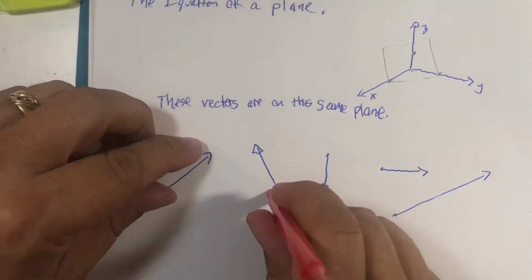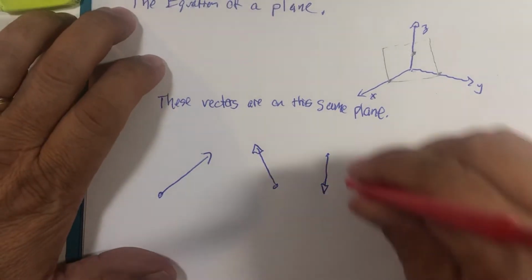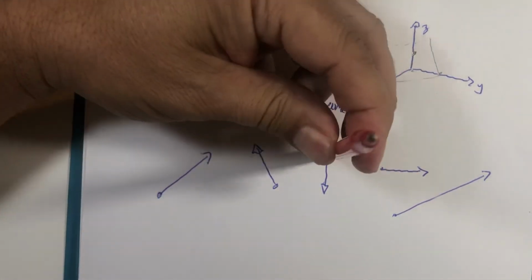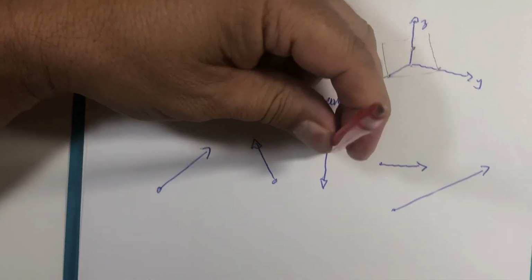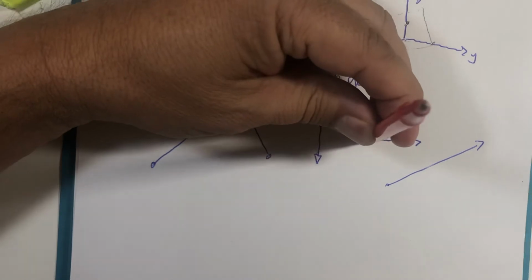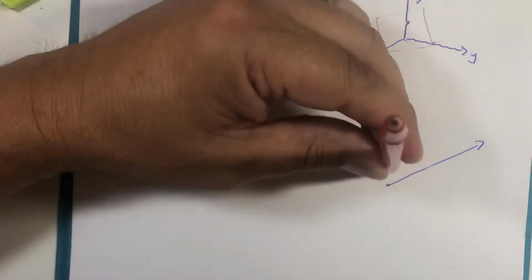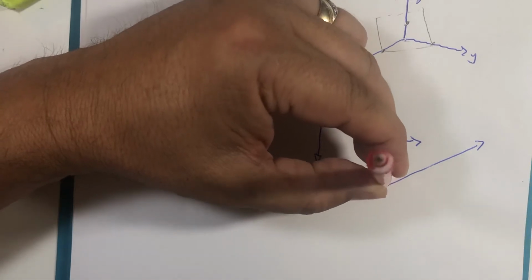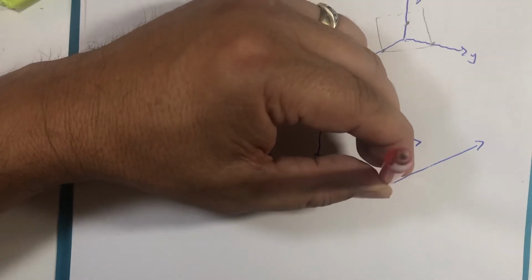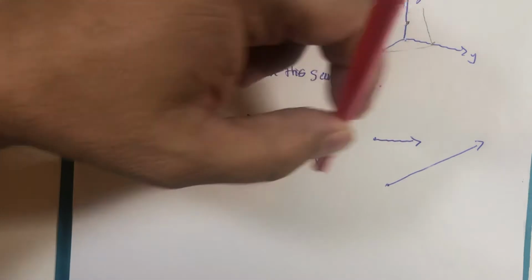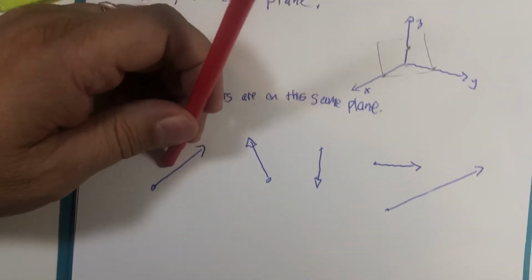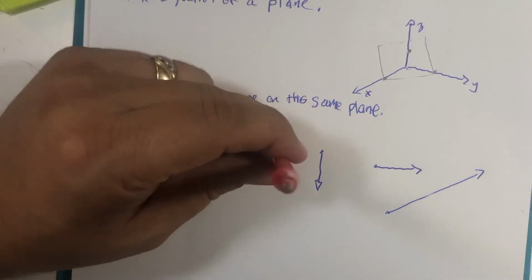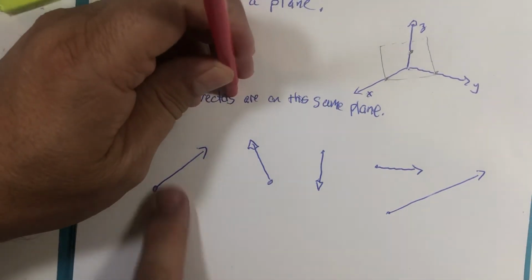So this vector is orthogonal to my red pen. And if you turn them sideways, every single one of them is orthogonal to the pen. What that means is, if I could figure out what this vector is, this is a vector that they all have in common.